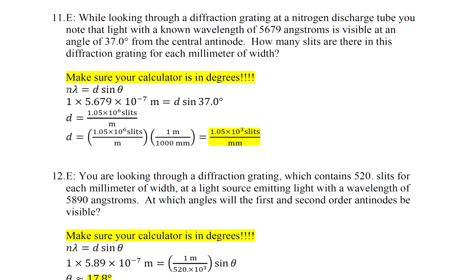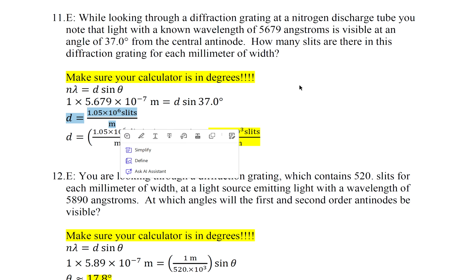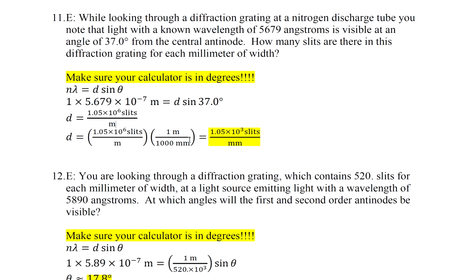So we know that n equals 1. We know theta equals 37 degrees. They gave us lambda, so let's solve for D. And they want not slits per meter, they want slits per millimeter. So we have to do a unit conversion.